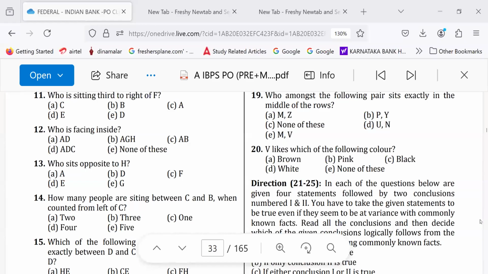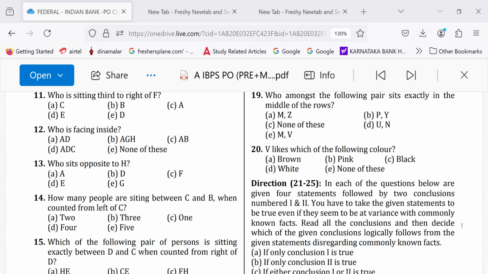Now see. Who is sitting third to the right of F? What is the answer? Third to the right of F. Is F facing inward or outward?